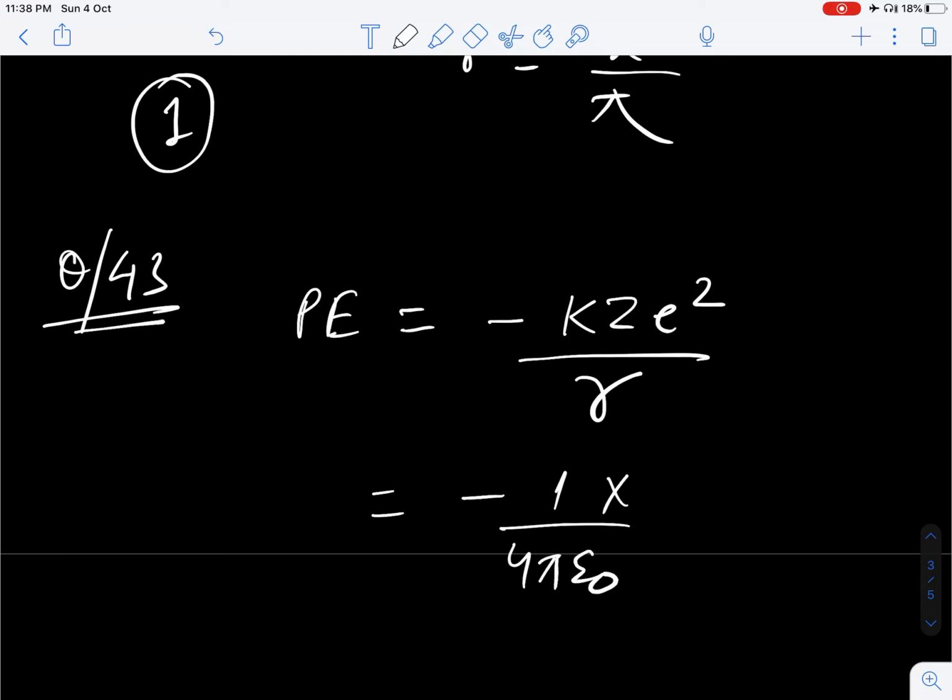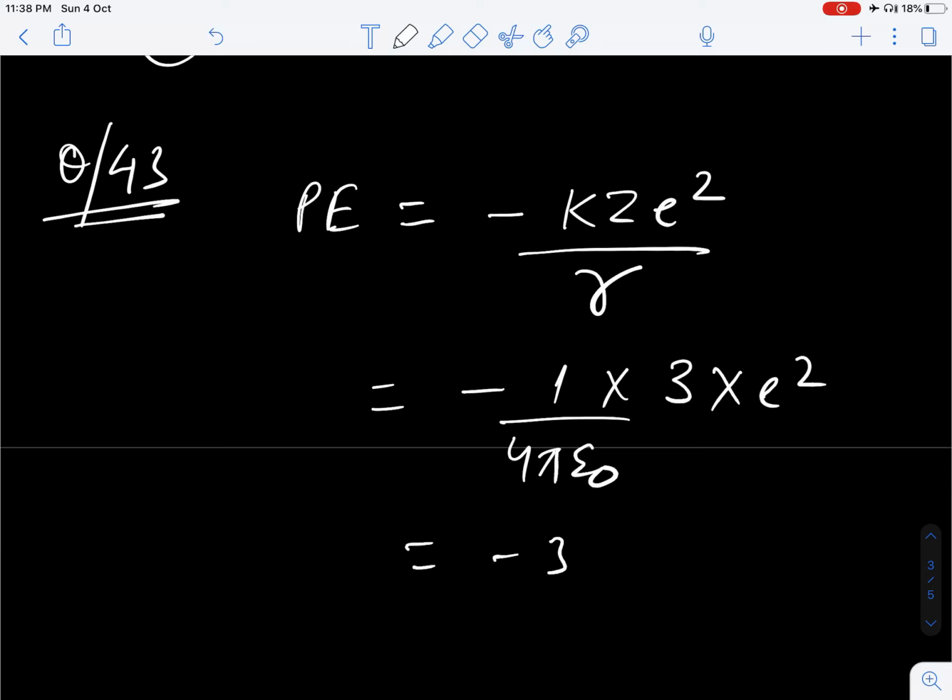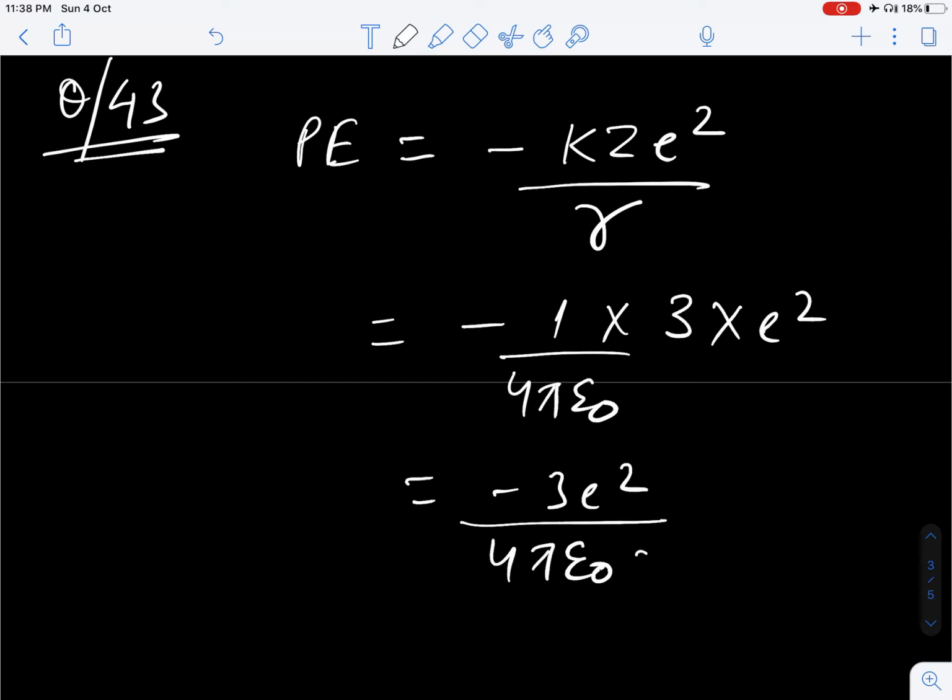Z for lithium 2 plus, the ion is lithium 2 plus, so Z will be 3, into e square. So you can write minus 3e square upon 4 pi epsilon naught r. So the correct option will be 4. The fourth option is correct.